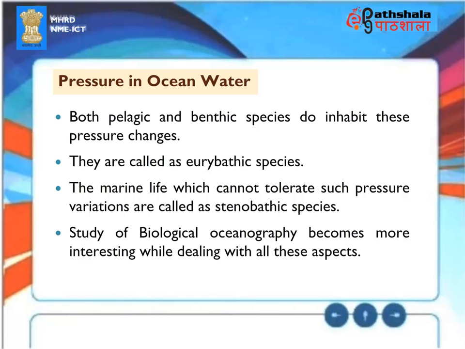Both pelagic and benthic species do inhabit these pressure changes. They are called as eurybathic species. The marine life which cannot tolerate such pressure variations are called as stenobathic species. Study of biological oceanography becomes more interesting while dealing with all these aspects.